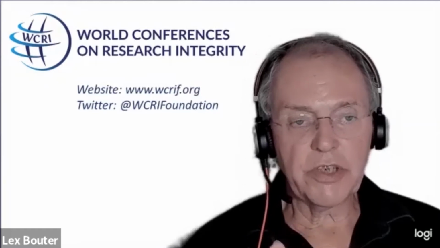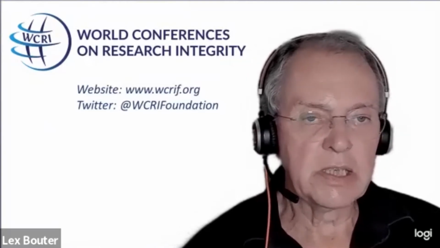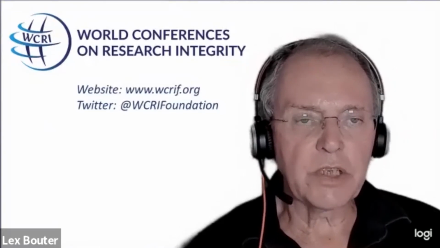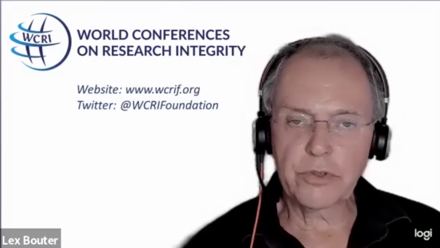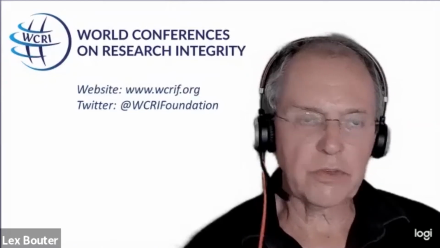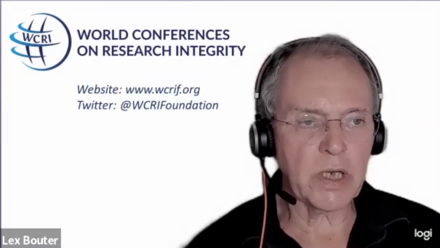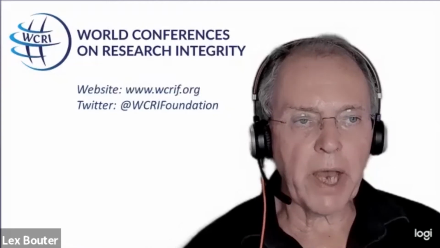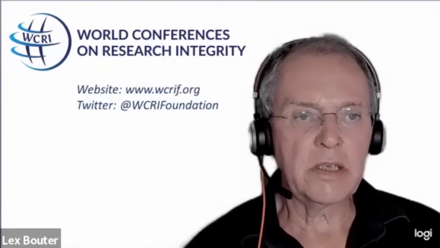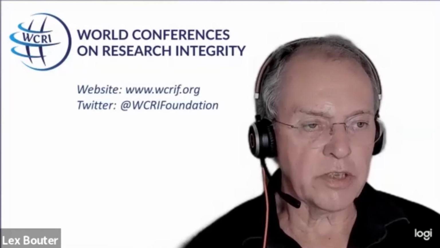Now, of all these three things, individual, the lab, and the system, I have a few examples in my presentation. Let me start with the individual factors, the virtuousness of the person. And we have all these wonderful codes of conduct. You have them in South America as well, I'm sure. And they all are based on the Mertonian norms of Robert Merton, and he coined them in the 40s of the last century.